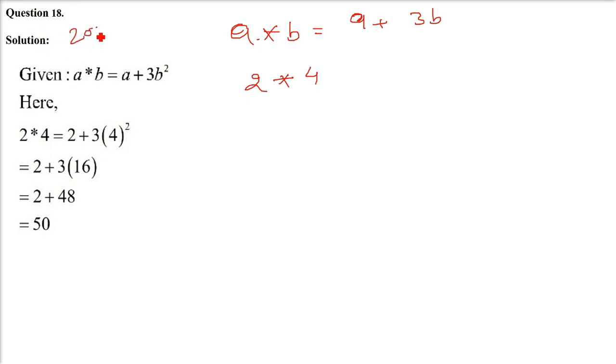So the question is A star B is A plus 3B square. We have to find out 2 star 4. So just put A as 2, B as 4. So 2 plus 3 into 4 square is 16. 3 into 16 is 48. 48 plus 2 is 50.